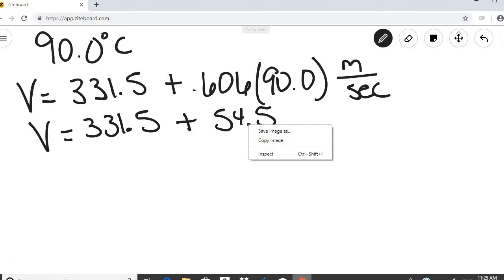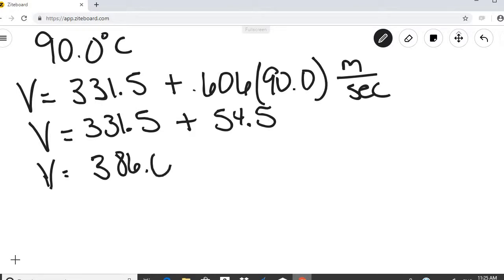So since here we went out to the tenths place, then our answer can go out to the tenths place. So our answer should be 386.0 meters per second. Okay, so we added that 0.0 because we can go out to the tenths place. Okay, so that's number 1.